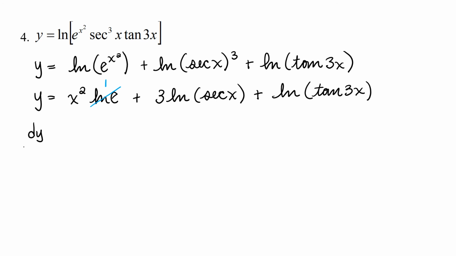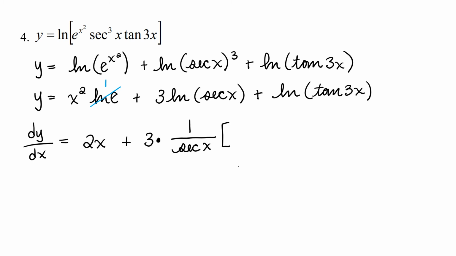So taking the derivative, we get that dy dx is equal to the derivative of x squared is 2x, plus this 3 follows us along since it's not a lonely 3, it's a 3 times a function. So we have 3 times the derivative of natural log is 1 over what's inside of it, so 1 over secant x. And then using chain rule, we have to take the derivative of what's inside of it.